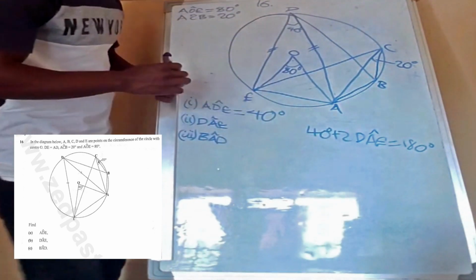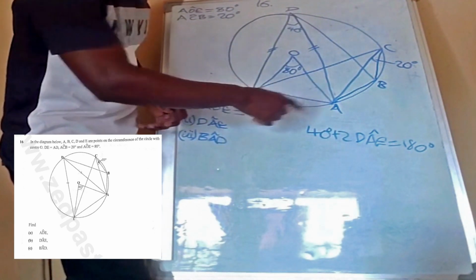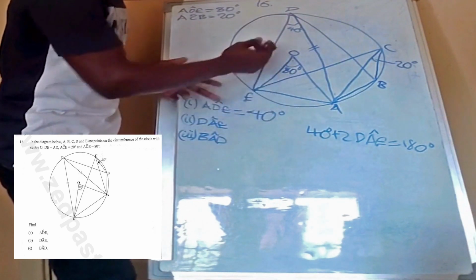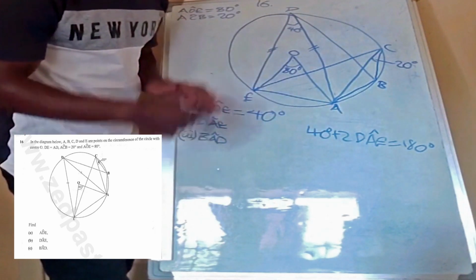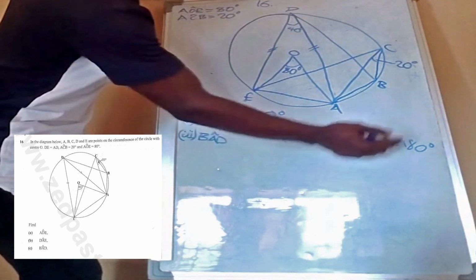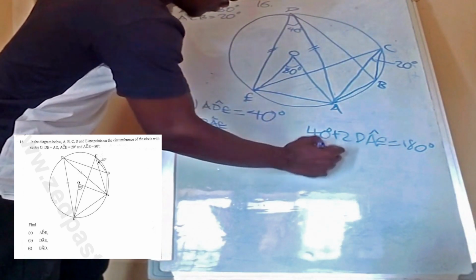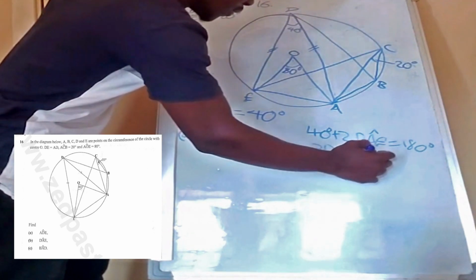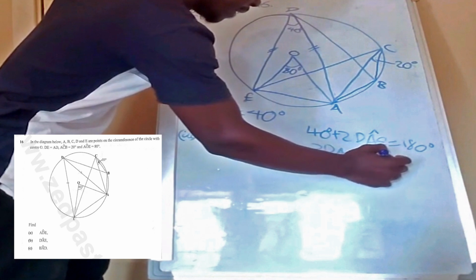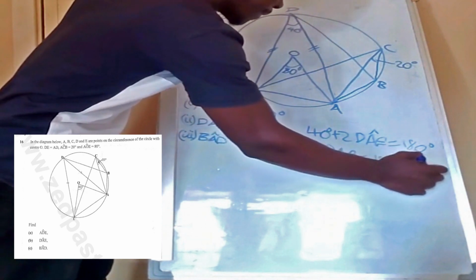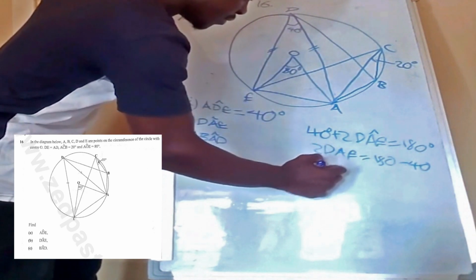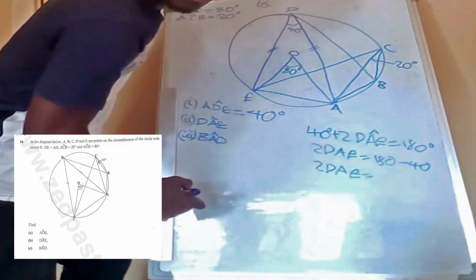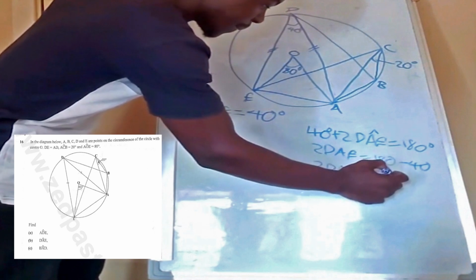So why have we said 2 times DAE? Because this angle and that angle are the same. So you can say 2x, 2y, 2 times DEA, 2 times DAE. It's all the same. So the 40 goes to the other side, we get 2 DAE equals 180 minus 40. And this gives us 2 DAE equals 140.